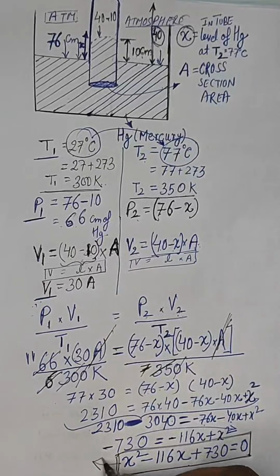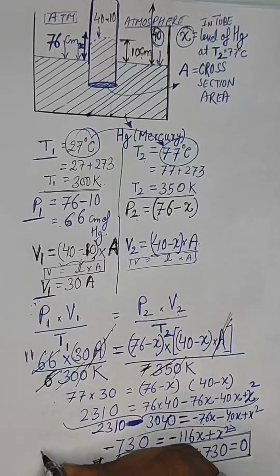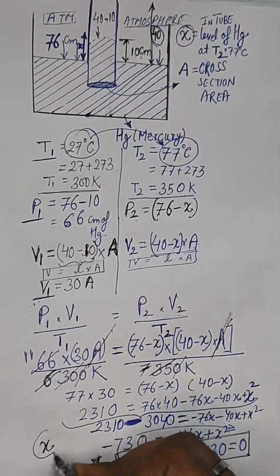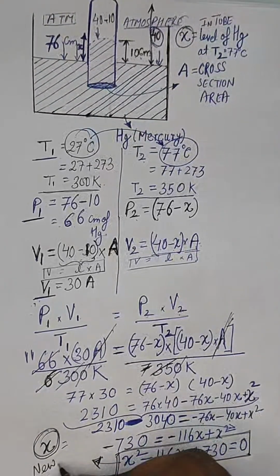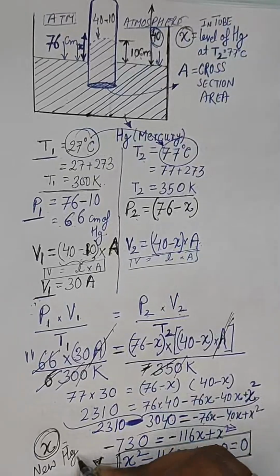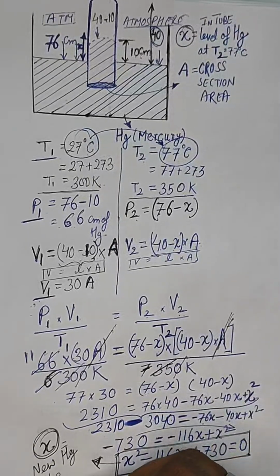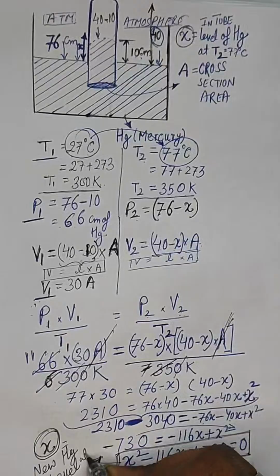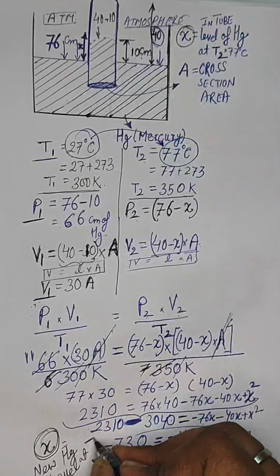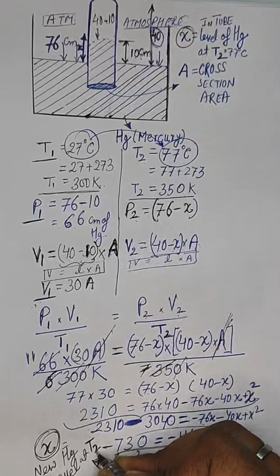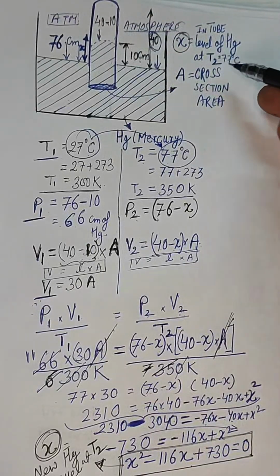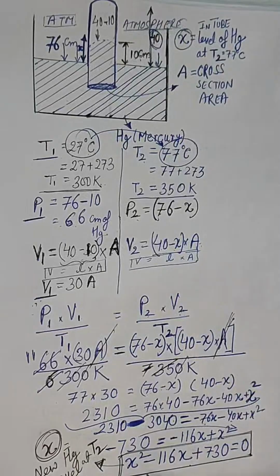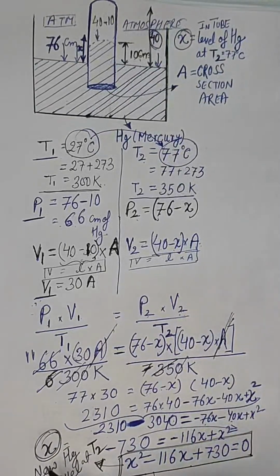This x will be the new mercury level, the new Hg level at the temperature T2, which we have mentioned over here: in tube, level of Hg at T2. Just solve it and get that value of x, and this will be your answer.